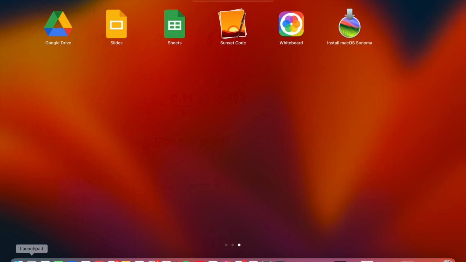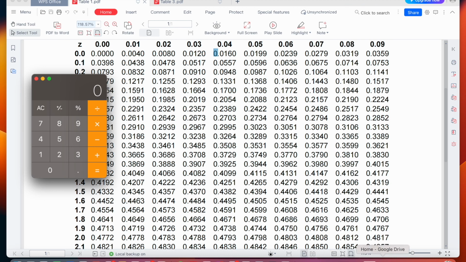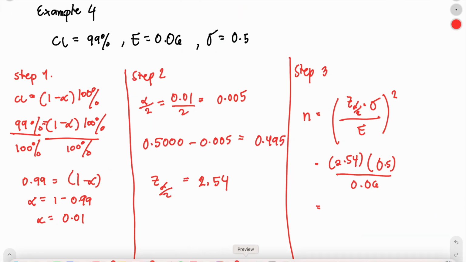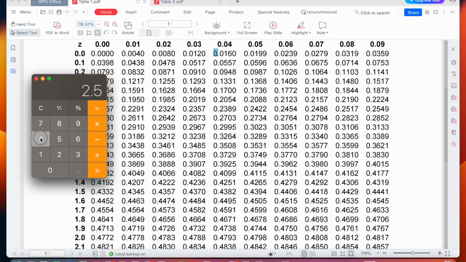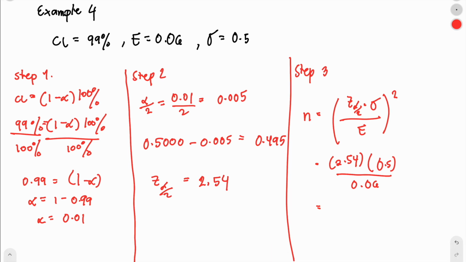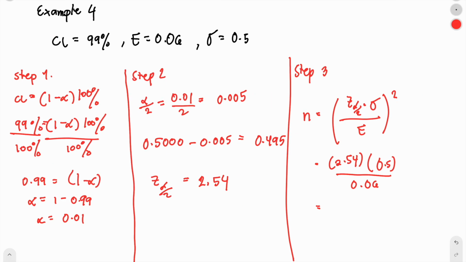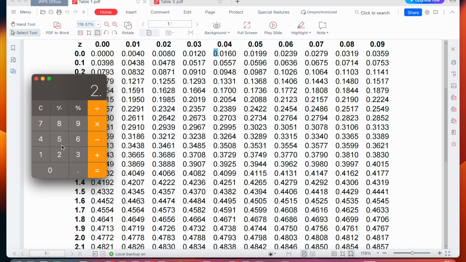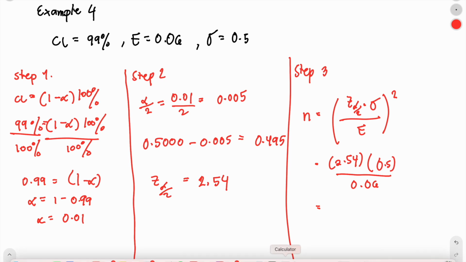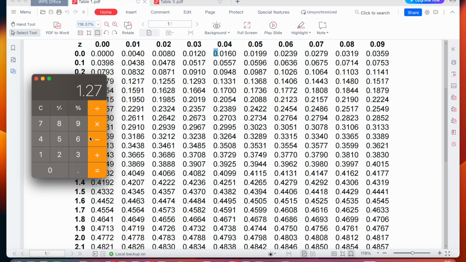I haven't solved this one yet, I'll use my calculator. 2.54 times 0.5 divided by 0.06 is 21.1667.